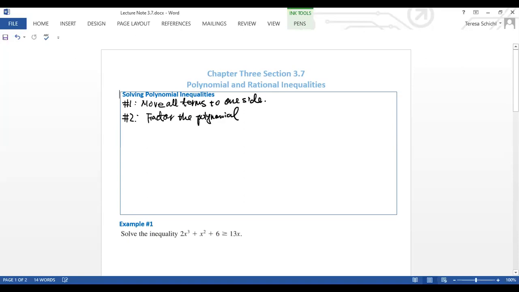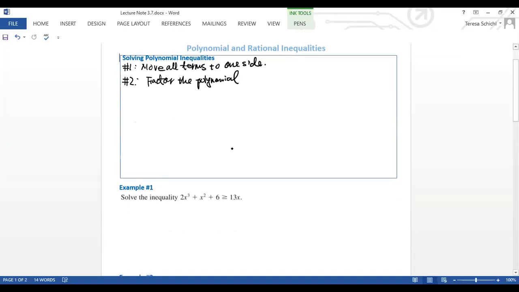Okay, so let's take a look at this example, side by side. For step number 1, I need to move all the terms to one side. So this will be 2x cubed plus x squared, then minus 13x on both sides, so this gives negative 13x plus 6, and now I have greater than 0.